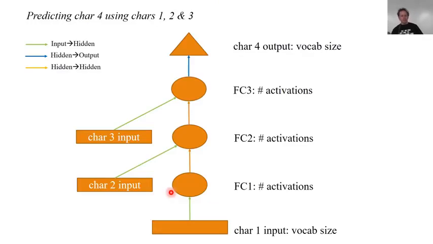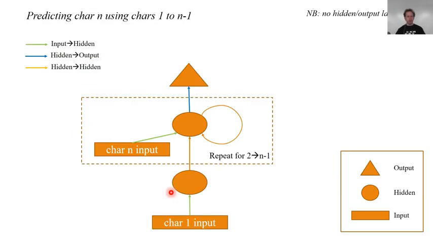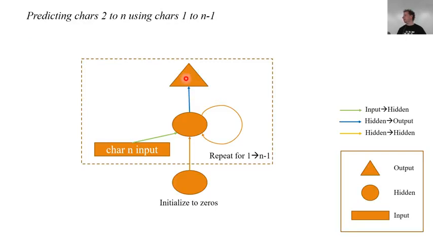I'm going to do one other thing. When I moved the char1 input inside the dotted line, this dotted rectangle represents the thing I'm repeating. I also moved the triangle, the output, inside as well.